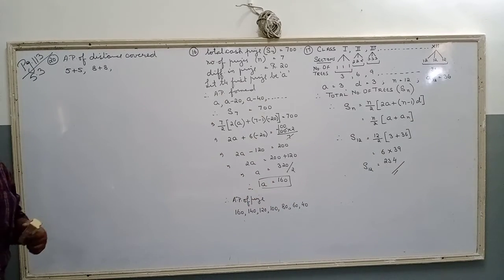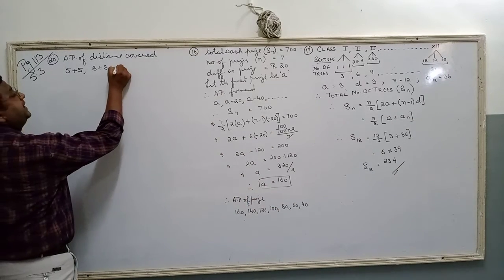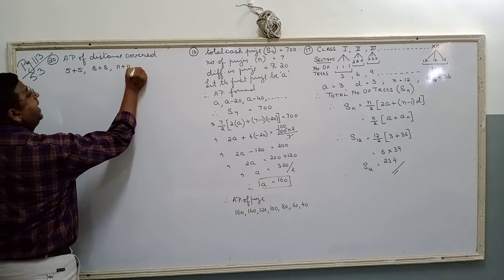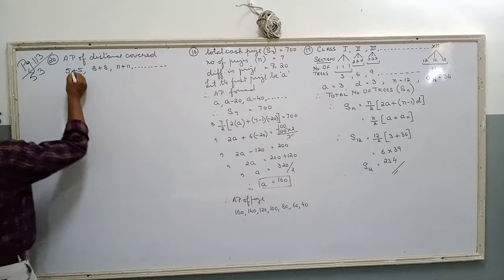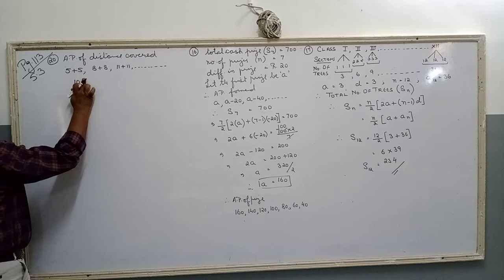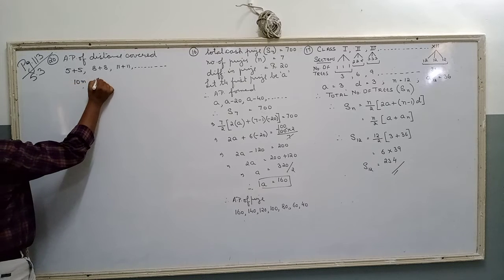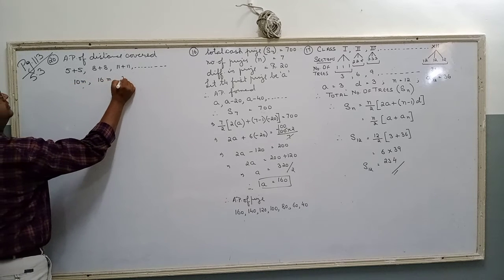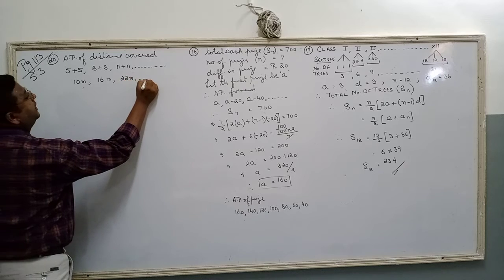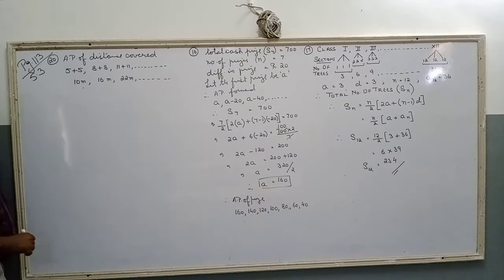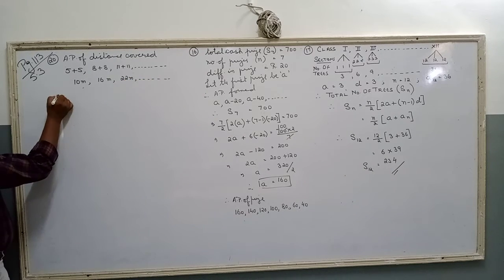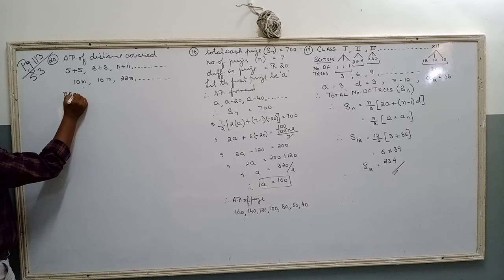Then again 8 plus 3, 11 plus 11, and so on. So how much is the AP? First potato 10 meters, second potato 16 meters, third potato 22 meters and so on.